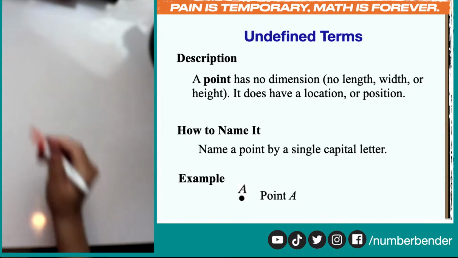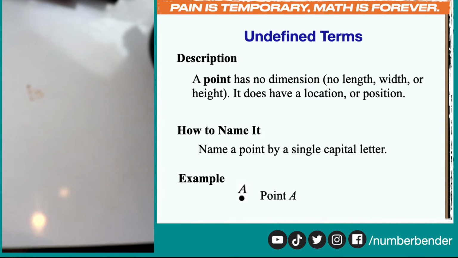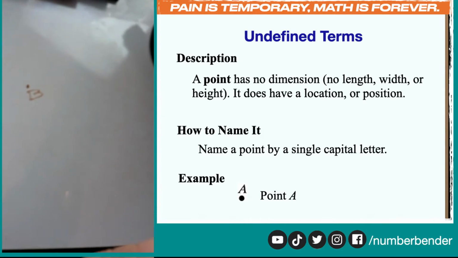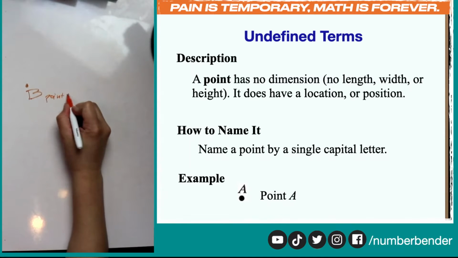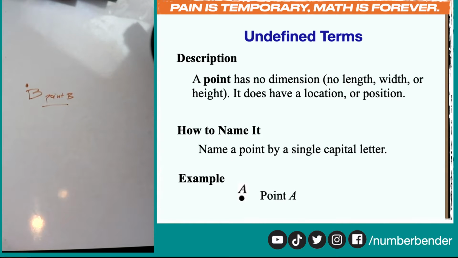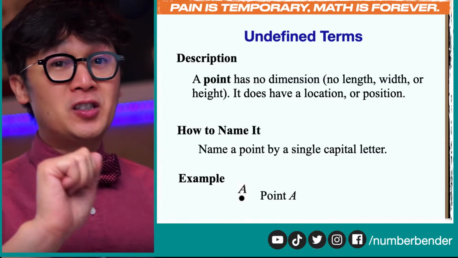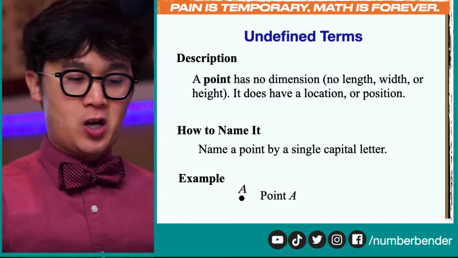So kung meron tayong another point, let's say this particular point, pwede natin tong tawagin point B, at kailangan nating i-focus ang ating camera so that you would see na ito ang tinatawag nating point B in geometry. So, capital letter ang gagamitin natin dahil yung small letter ay naka-reserve para sa ibang notation sa geometry.